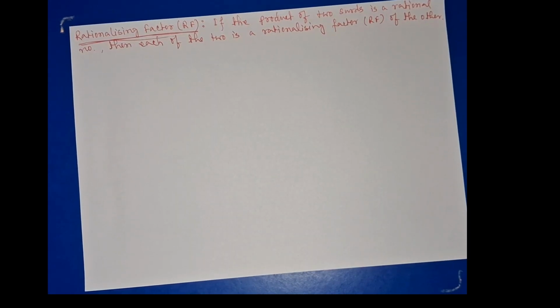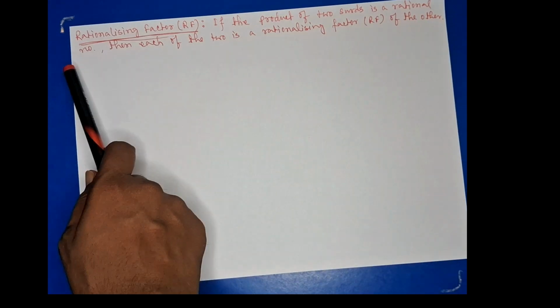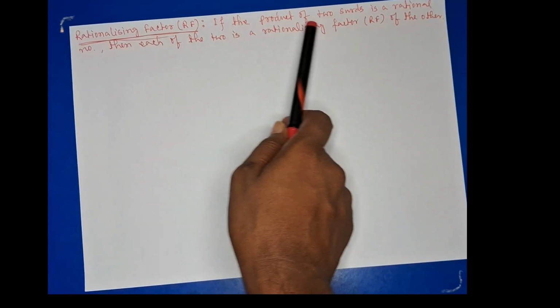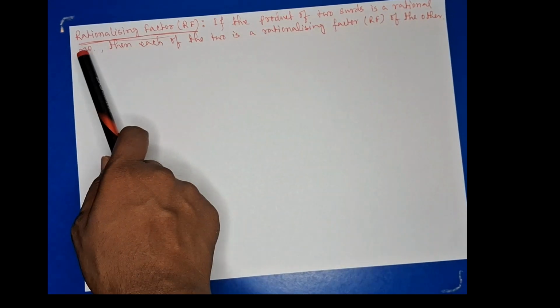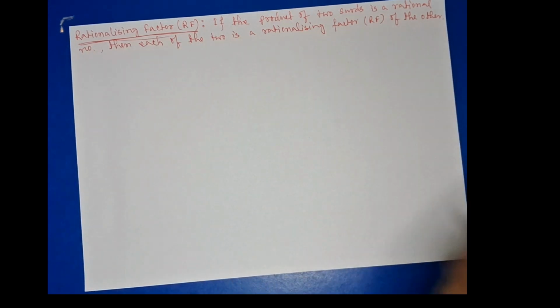Now you remember what is a rationalizing factor. If the product of two surds is a rational number, then each of the two is a rationalizing factor of the other. I think you haven't understood.